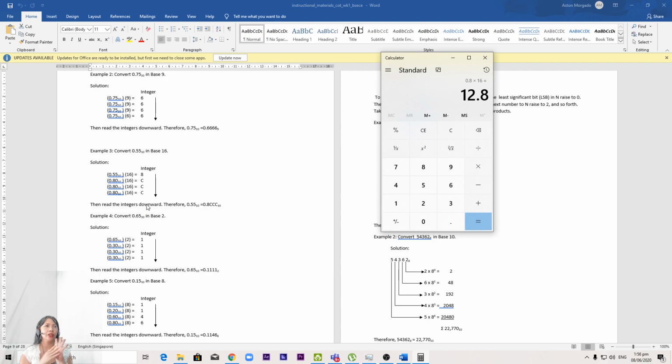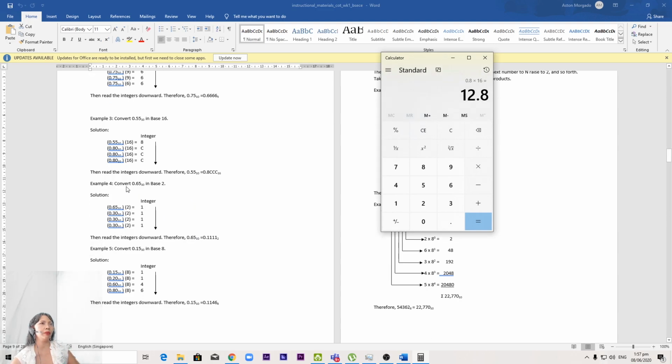So, reading downwards, 0.55 base 10 is equal to 0.8CCC base 16.